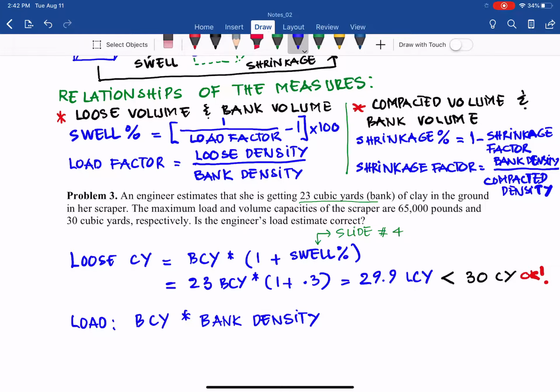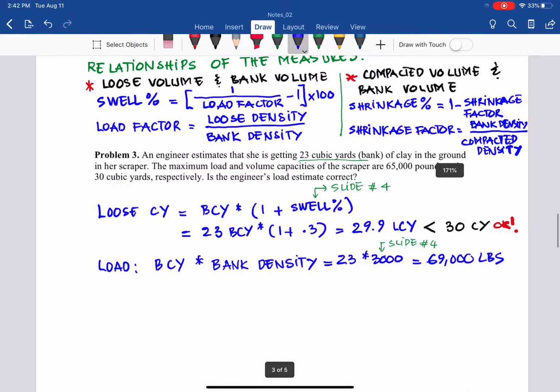So from here we have 23 times 3,000, and again that is from slide number 4, and from that we get 69,000 pounds.